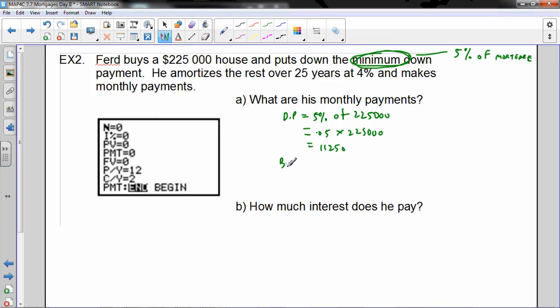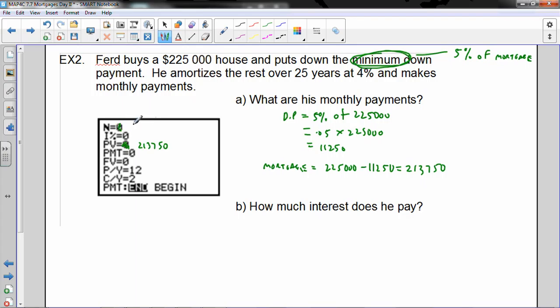And then he borrowed, or he mortgaged, I guess we should say, not borrowed, mortgaged the rest, which is $213,750. That's what he borrowed. So that's the present value, right? That's the present value of the mortgage.